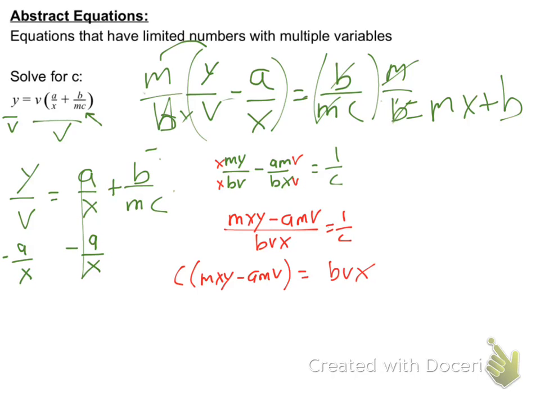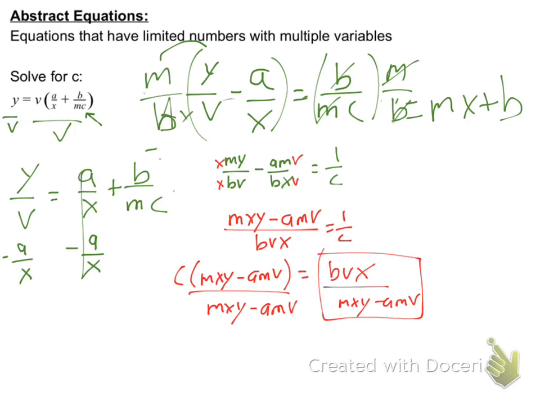And to get C by itself, what do we do? Divide by mxy minus amv. It's a V, not U. There's C right there.